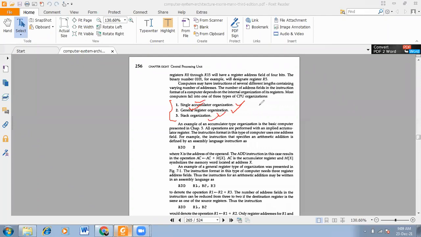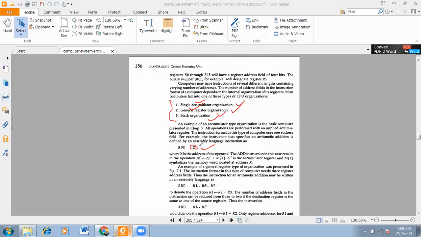Okay. So just add X. This is one kind of instruction. Add X means whatever data is in your accumulator will be added with this value. So this is an assembly language instruction.